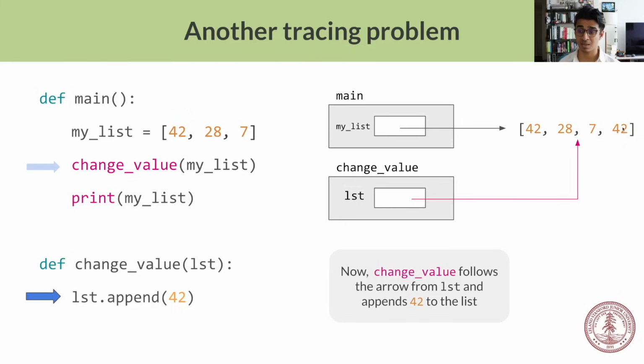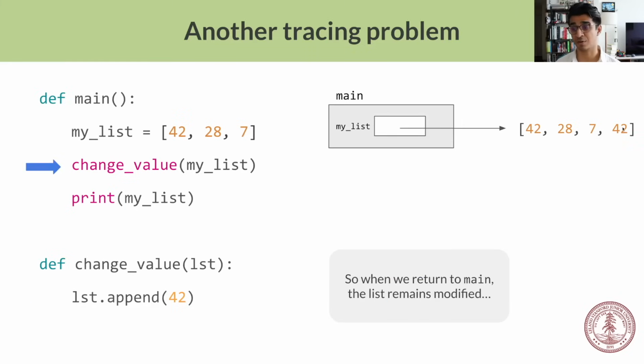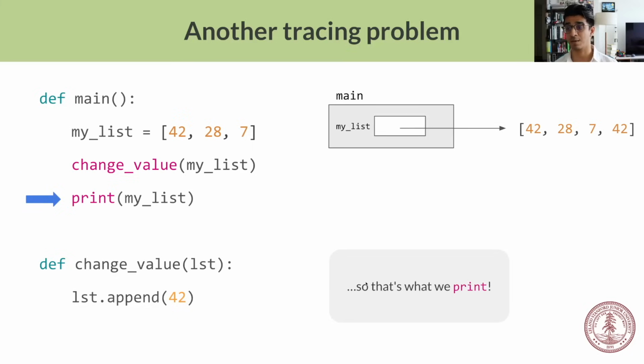So what does that mean? That means when the change_value function finishes and all its variables go away, it's still like we have 42 over here at the end of this list. So the list remains modified, and so when we print the list, we print the list with the appended value over here.